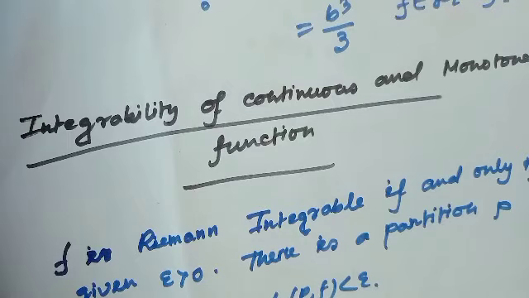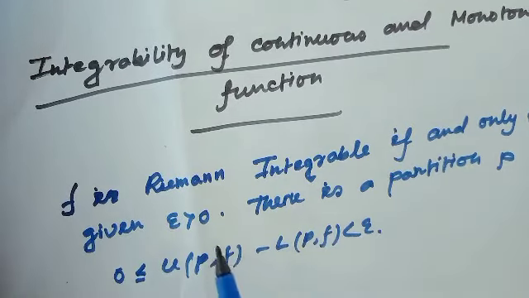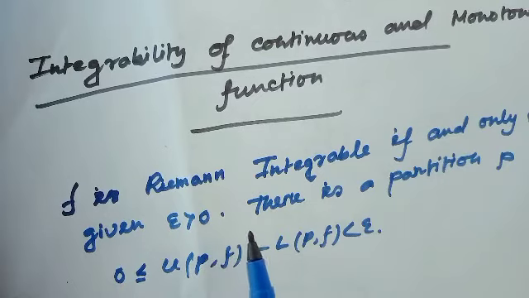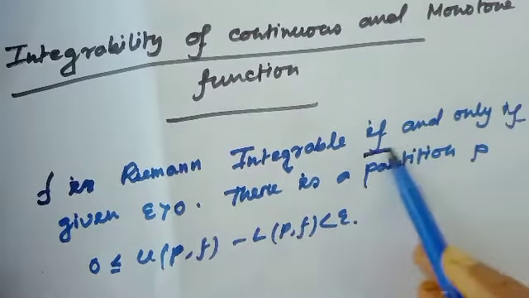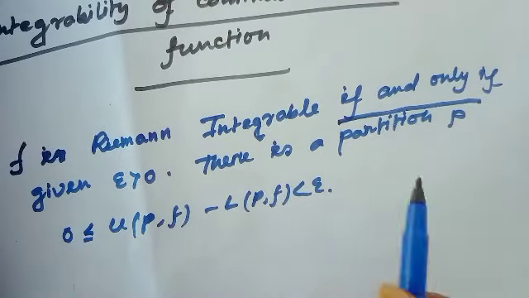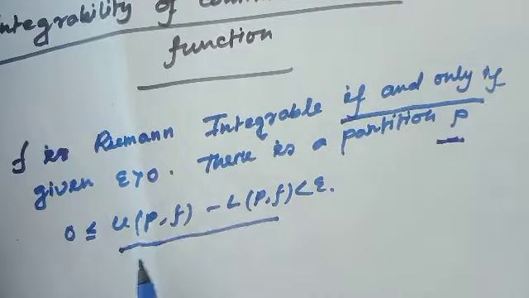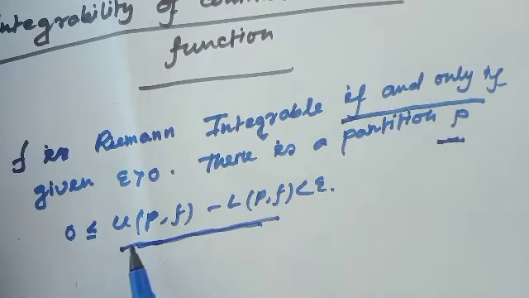Well, now I will prove the integrability of continuous and monotone functions. To prove this, I will use this condition: f is Riemann integrable if and only if, given epsilon greater than 0, there exists a partition P such that U(P,f) minus L(P,f) is less than epsilon.